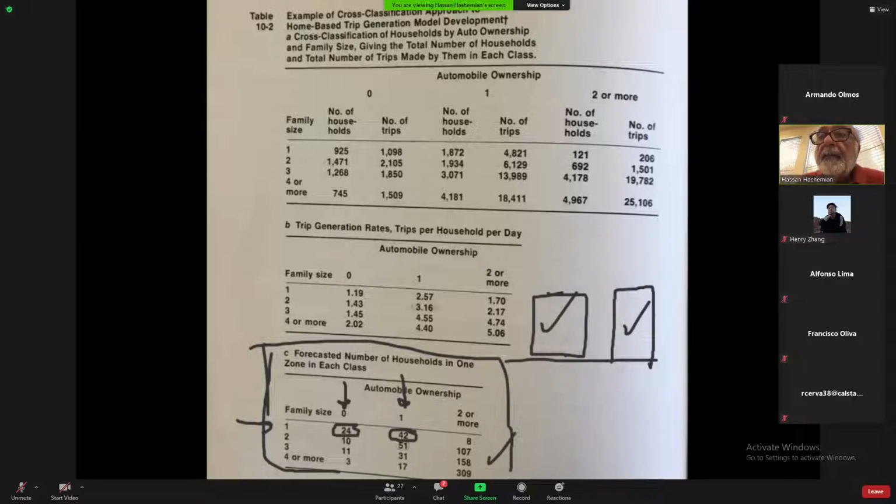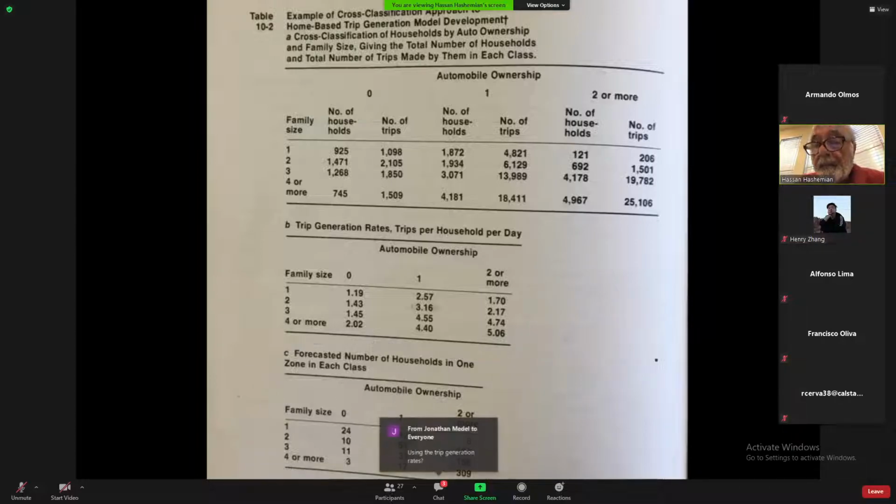Anybody? Do you guys understand the third table? I need your participation.